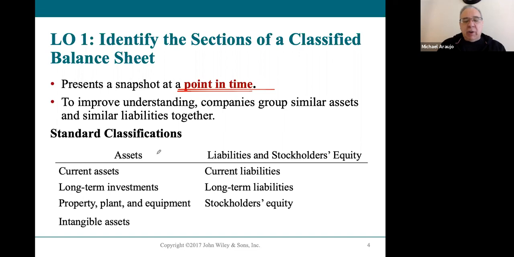And you already know in general that assets equals liabilities and stockholders' equity, sort of an equation. Assets equals liabilities plus stockholders' equity. And that's a very important equation to remember. But what you might not know is that there are lots of different types of assets.